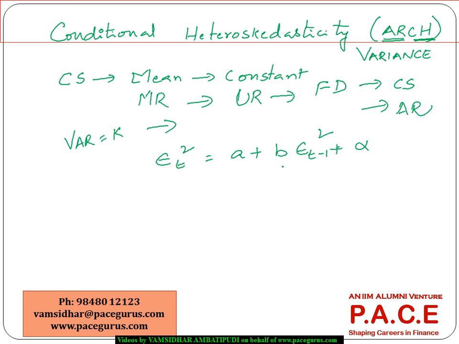So if this b is significantly different from 0, meaning the coefficient of this regression is statistically significant, then I say there is a conditional heteroscedasticity of order 1 present in the data. So we find that this is an ARCH 1 kind of conditional heteroscedasticity being present in the data, so we may have to adjust for it to make the time series prediction model more and more accurate.